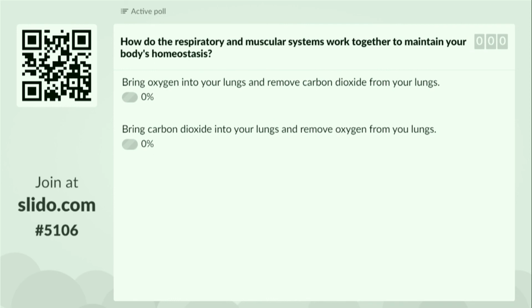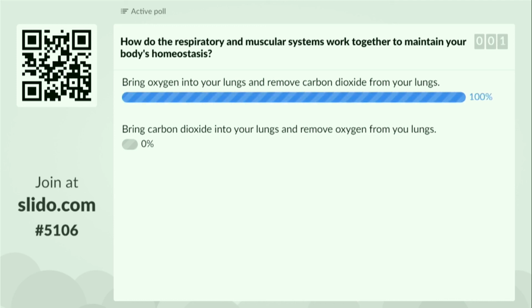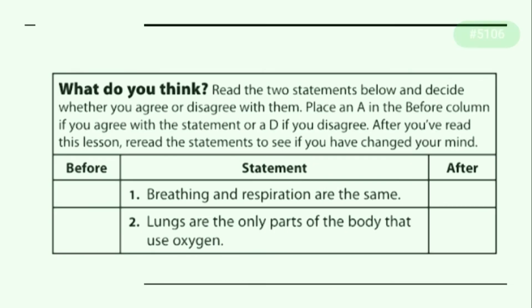Okay, question here. How do the respiratory and muscular systems work together to maintain your body's homeostasis? Good. Brings oxygen into your lungs and removes carbon dioxide from your lungs. Good job.